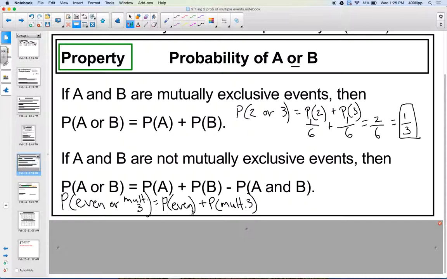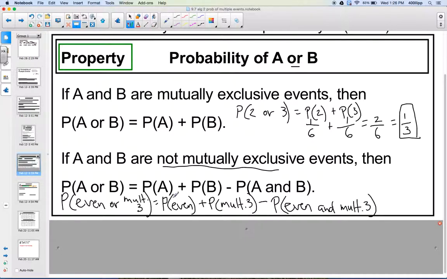And since these are not mutually exclusive events because it can happen at the same time, we have to subtract off when it's even and a multiple of 3, because we don't want to count that twice.